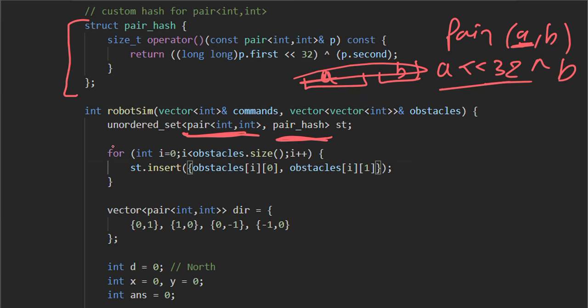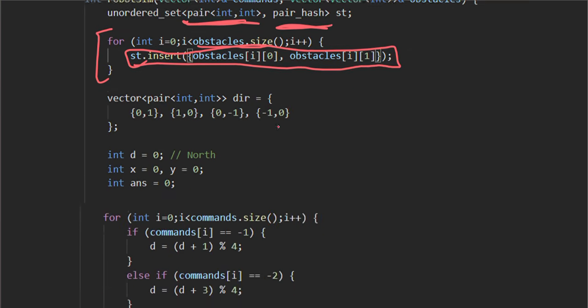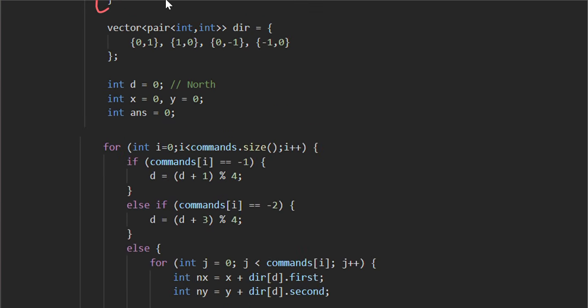After that what we'll do is we'll take each obstacle and store each obstacle in the set, right? We'll insert each obstacle in the set. Then we have made a direction array that is having four things.